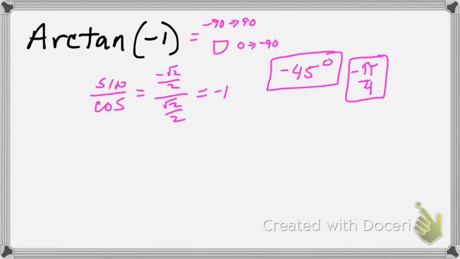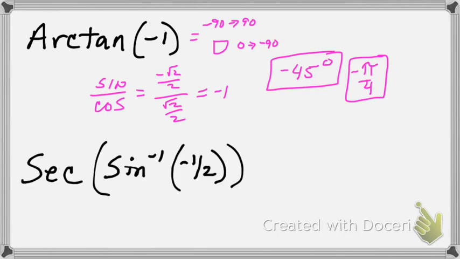Let's try one more of these unit circle ones. Find the secant of the inverse sine of -1/2. The first question is, what angle has a sine of -1/2? That is -30.